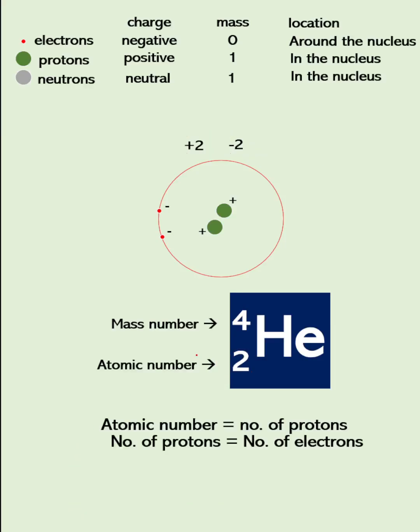Now next, the mass is equal to the particles in the center of the atom because again, if we look here, of course, the particles in an atom are the protons, electrons, and neutrons. But here we can see that electrons have no mass, so we can remove them from the mass formula.